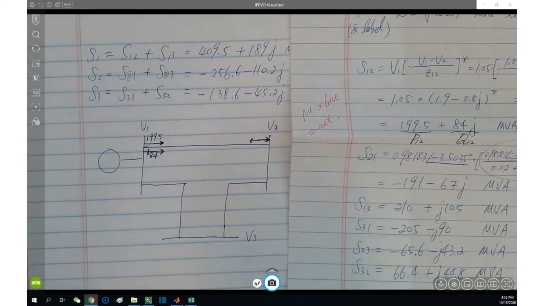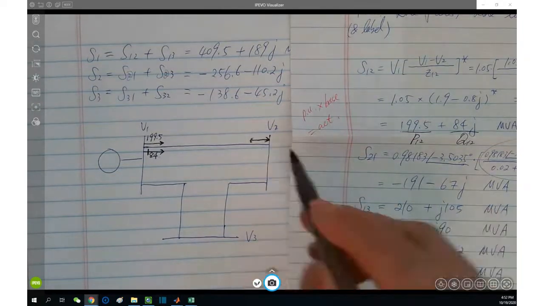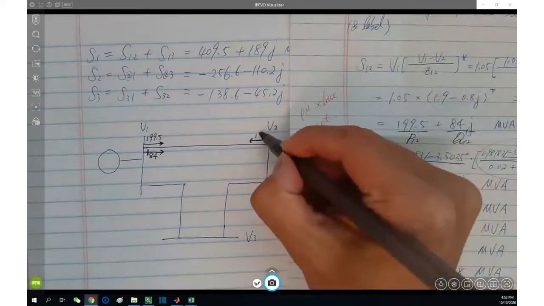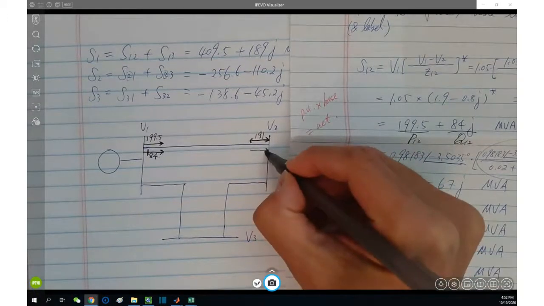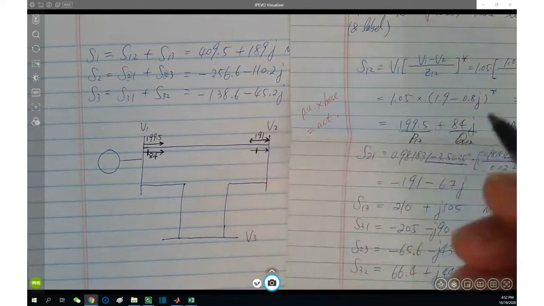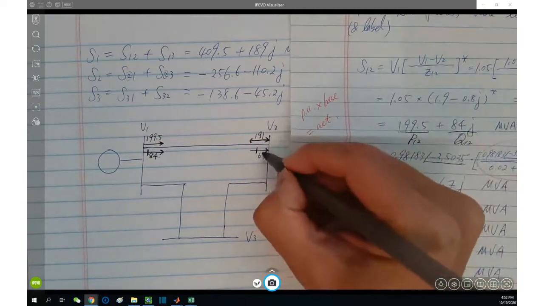Does it make sense? We flip the direction and also we flip the sign. Above the line, once again, is active, 199. Below it is the bar, label 67.